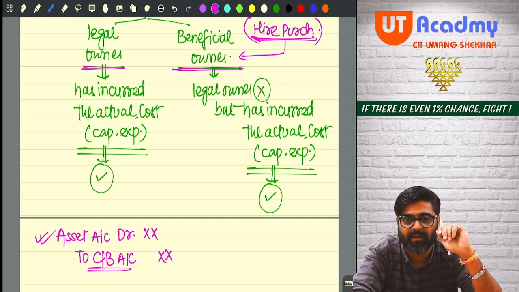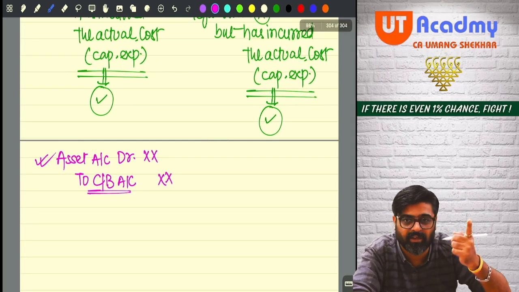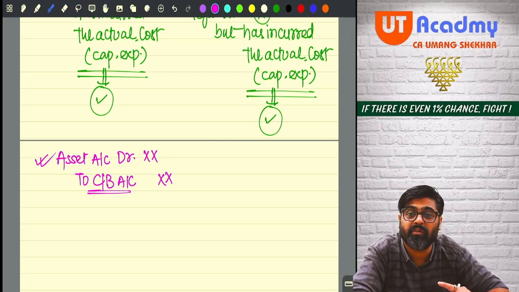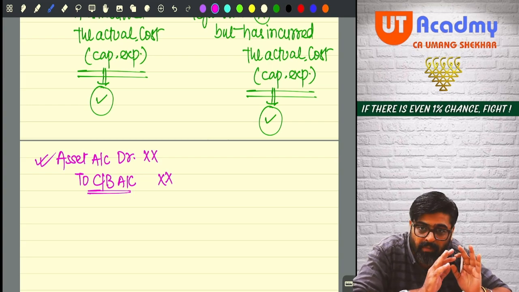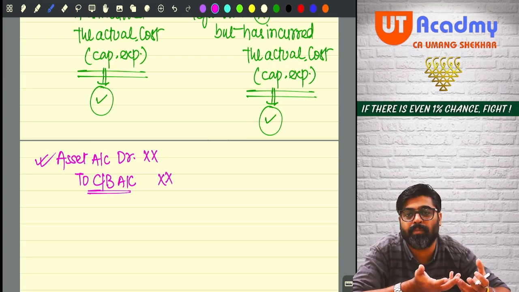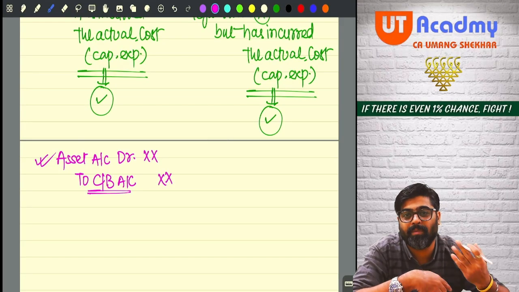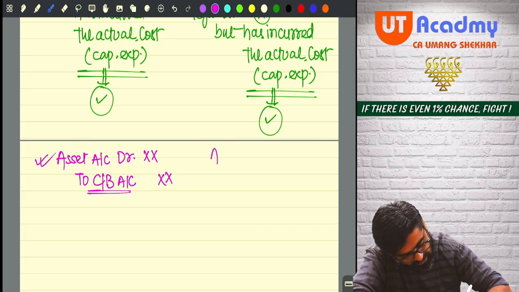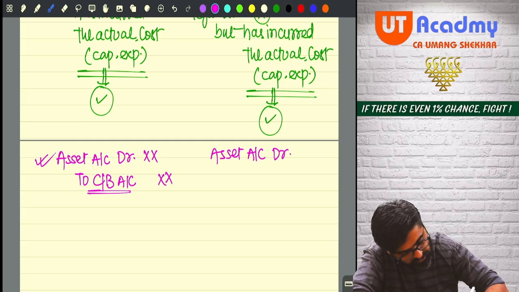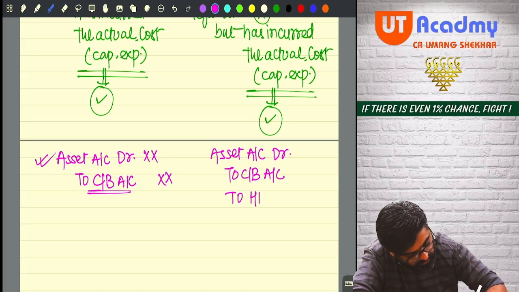Got it, sir? What entry is he going to pass? The same entry he is going to pass. But instead of making the entire cost payment right now, he'll pay some cost in the form of down payment and the balance cost he is going to pay by way of loan repayment. Getting my point? So, asset account debit to cash or bank for down payment and to hire purchase loan account.